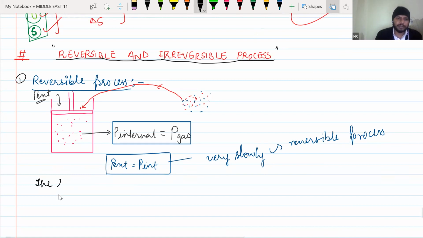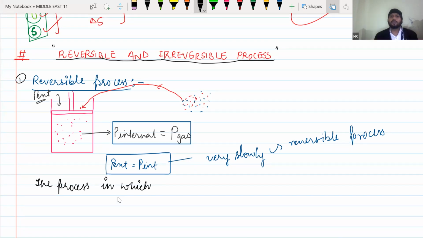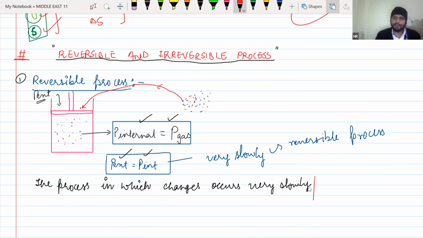The process in which the changes are so slow that it won't affect anything, that means P internal is equal to P external, which changes occur very slowly, or here a term is used, infinitesimally.